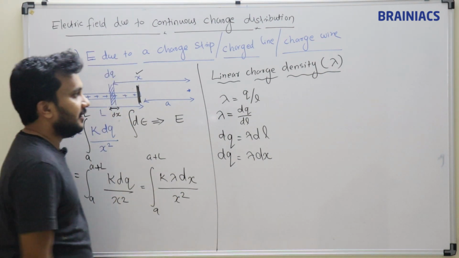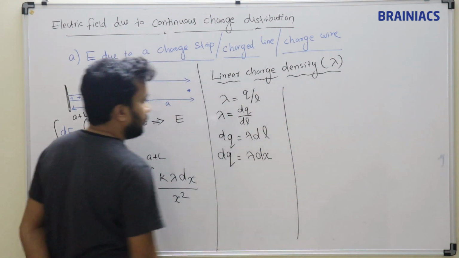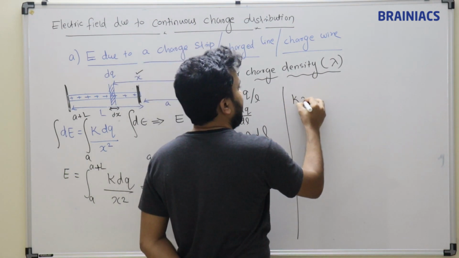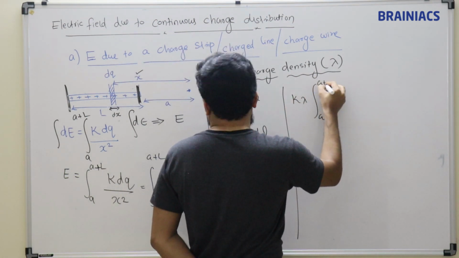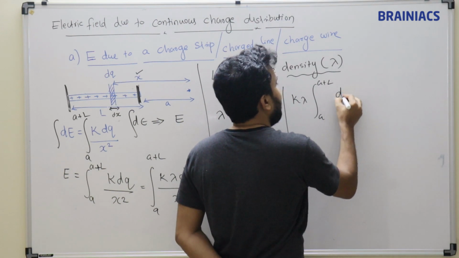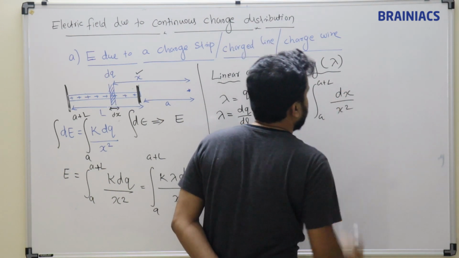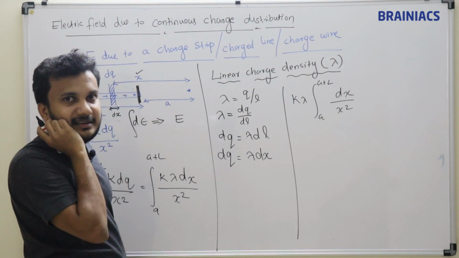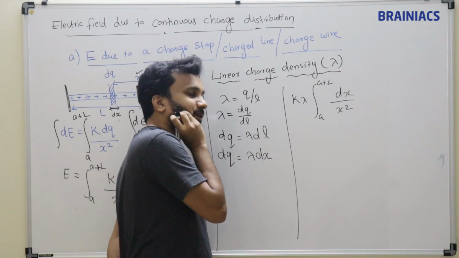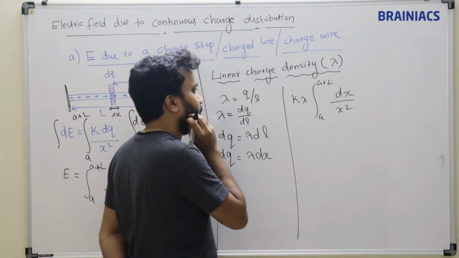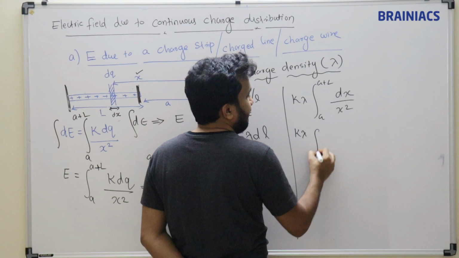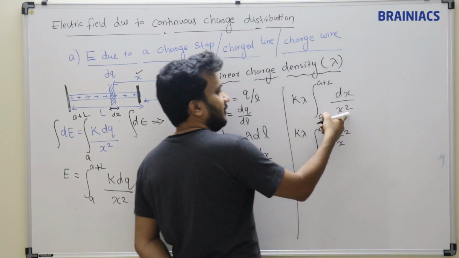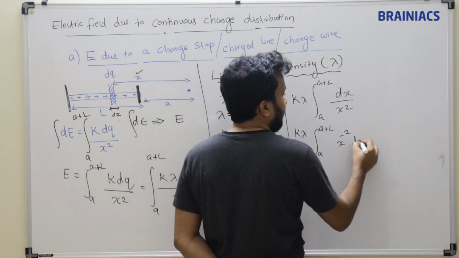Here the common terms we are taking outside of the integration; k lambda is common, so we take it out of the integration, leaving the integral from a to a plus l of dx divided by x square. What is the integral of x raised to n? It is x raised to n plus 1 divided by n plus 1. So one more step, I am writing k lambda times the integral from a to a plus l of x power minus 2 into dx.